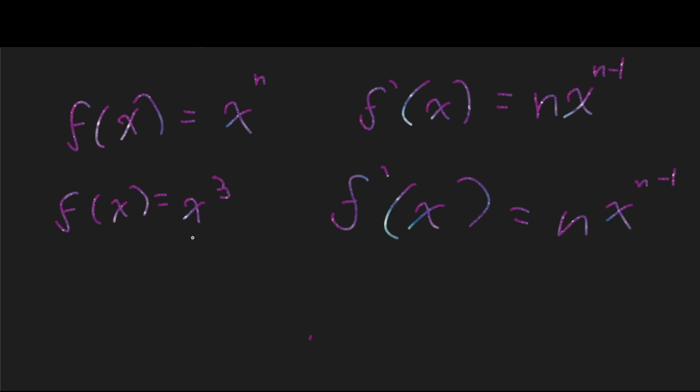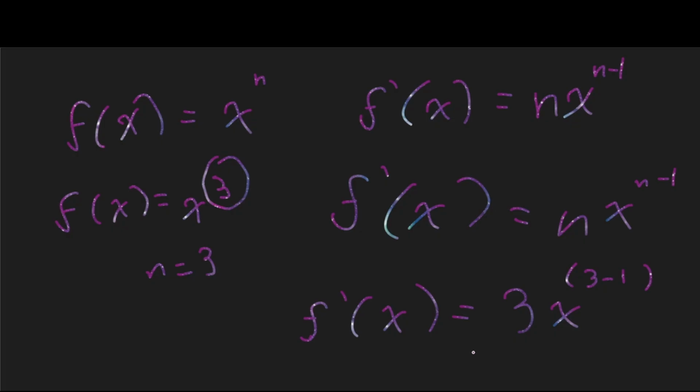So in this case, we can see that this over here is your n, so n is equal to 3. That means that f prime x is equal to, so you drop the 3 down, right? So n is 3, and then x, and then 3 minus 1 over here, which would basically give us 3x squared. Okay?